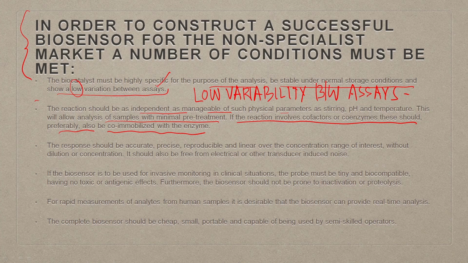Okay. Third point, the response should be accurate, precise, reproducible and linear over the concentration range of interest, without dilution or concentration. It should also be free from electrical or other transducer induced noises.